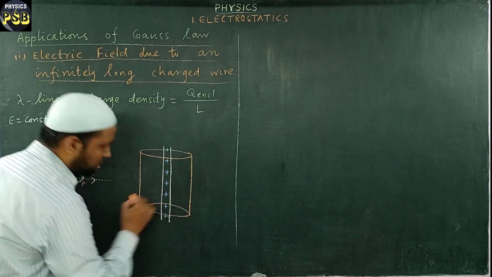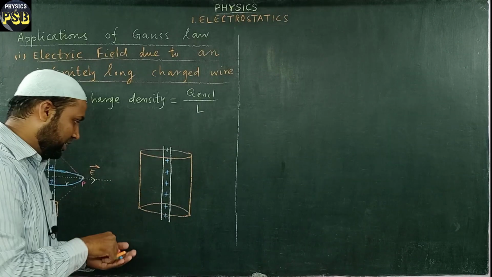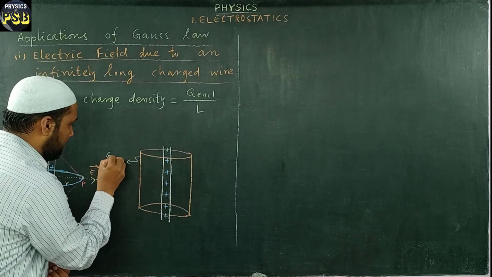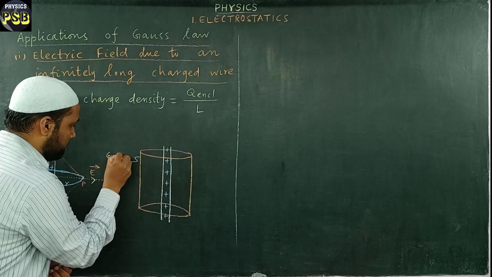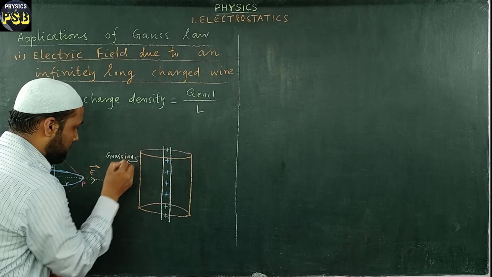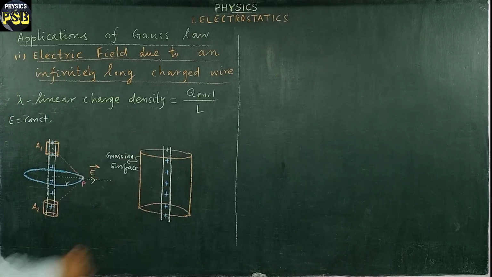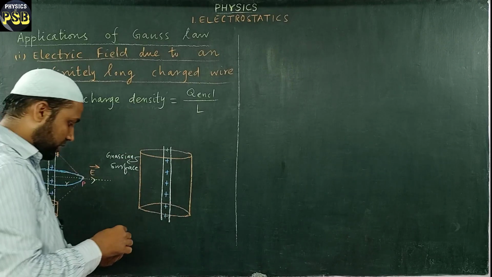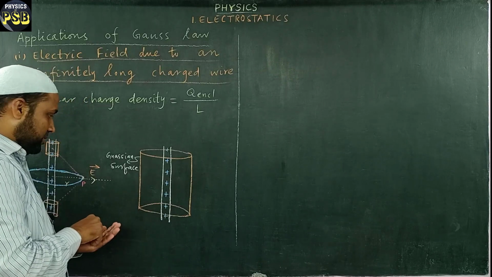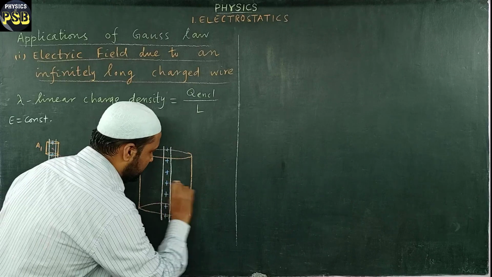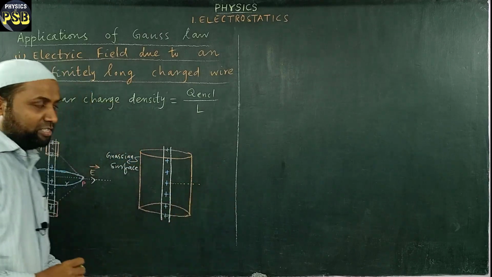This Gaussian surface is in the form of a cylinder. Then, as I told you earlier, here the electric field is projecting outwards.